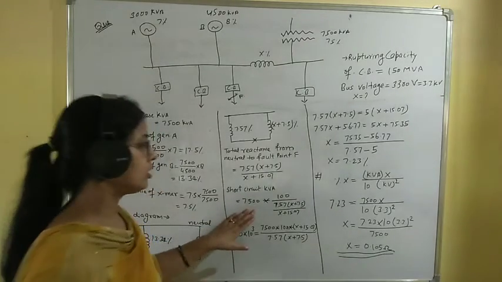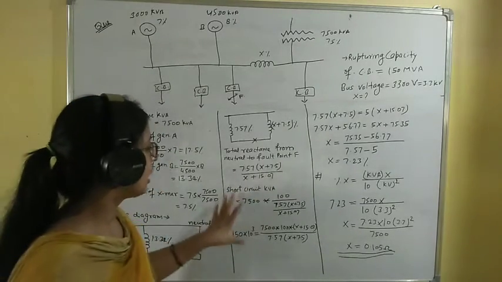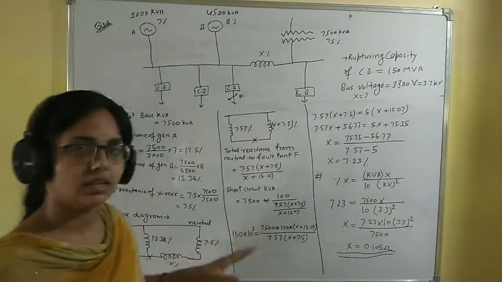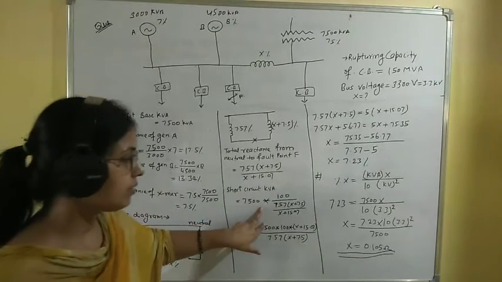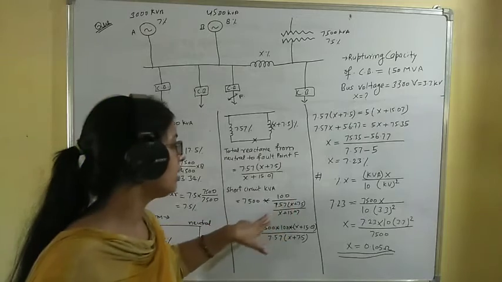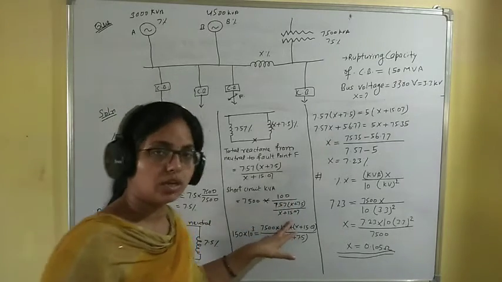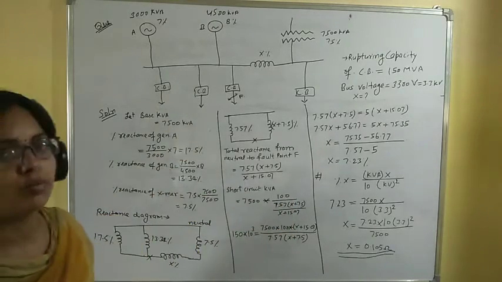The formula to calculate the short circuit kVA is base kVA into 100 by the percentage of X total reactance calculated till the fault point.